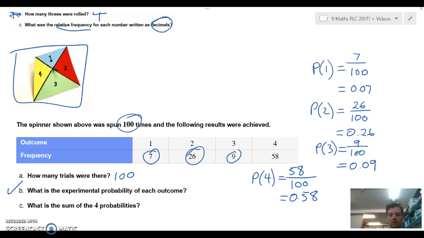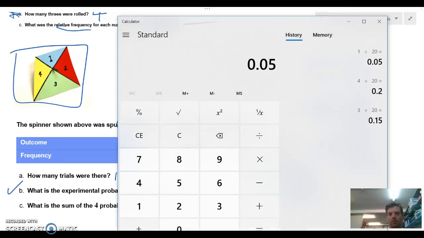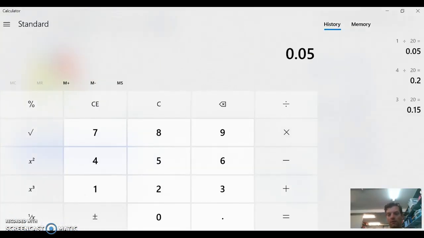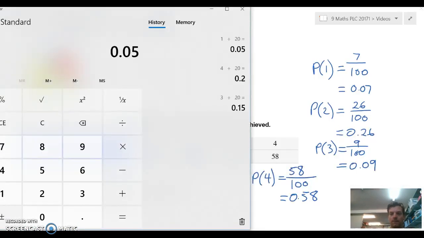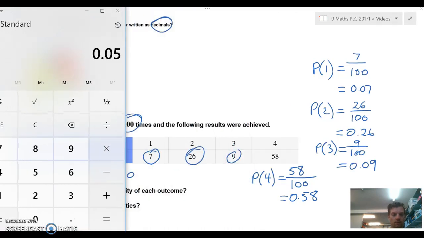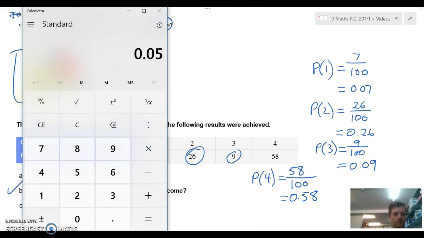Essentially we're going to add the probabilities we've just found, and hopefully you've got your thinking caps on and could work out what this would equal. Let's add them up.